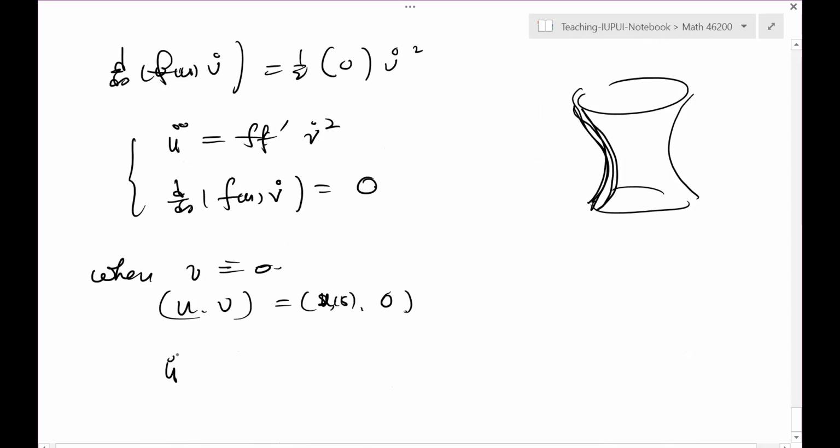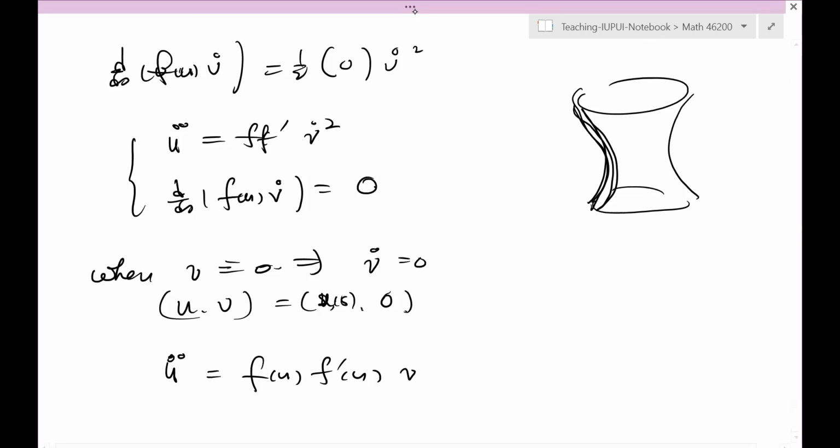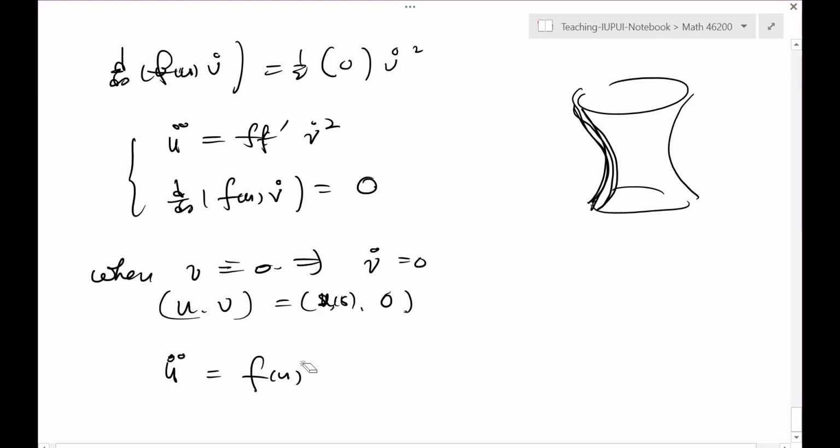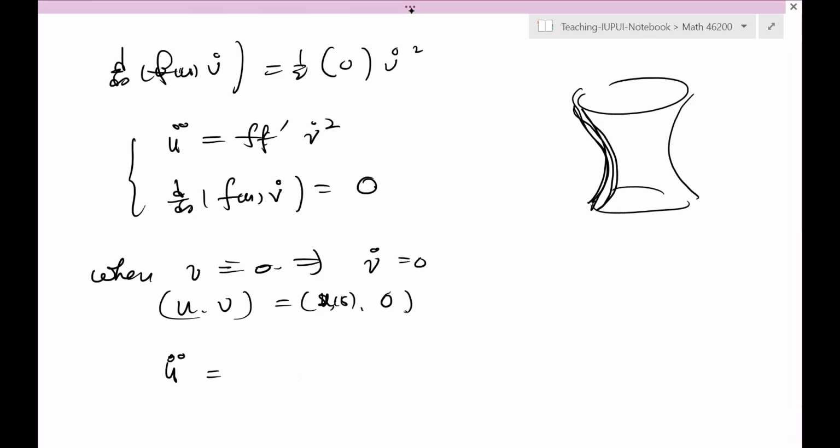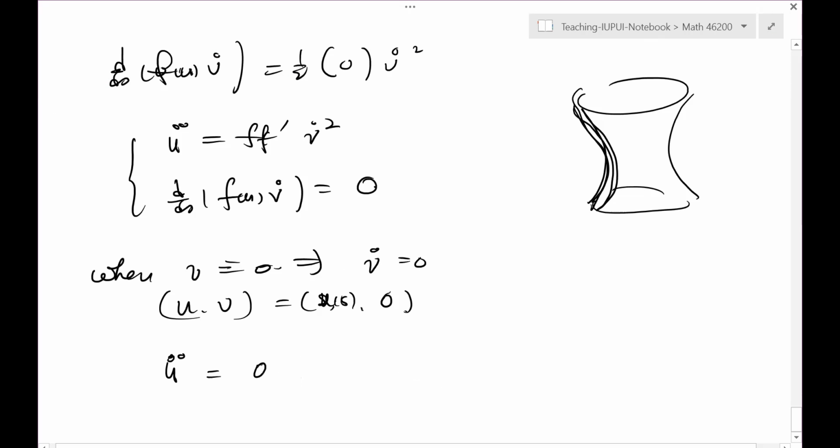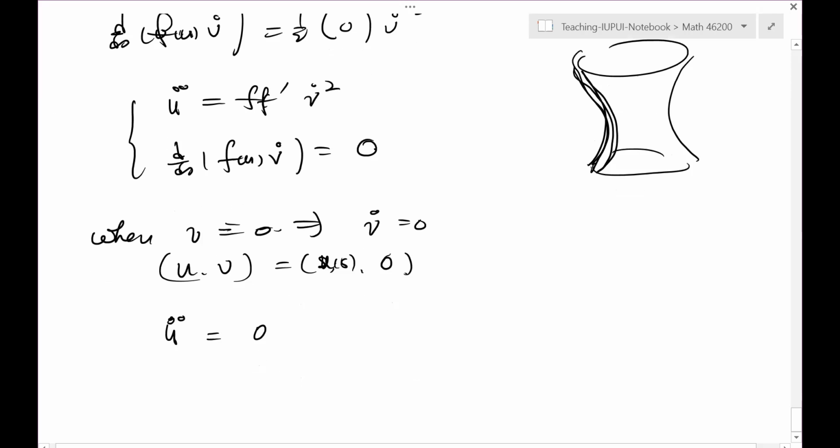So the first equation, you will see that v dot is 0, right? And the second equation is 0 and 0. That's automatic because v dot is 0.